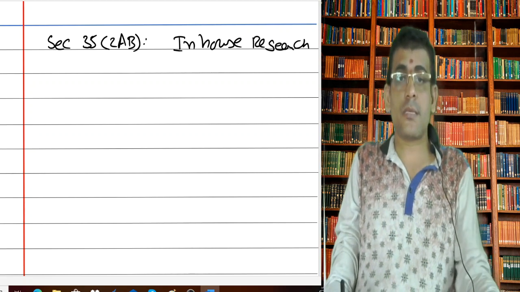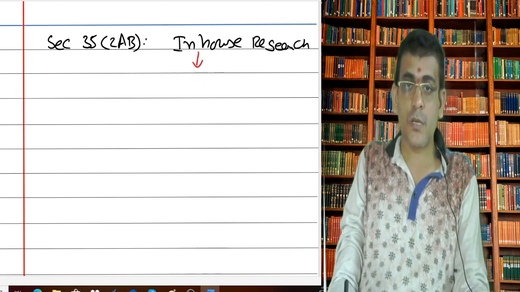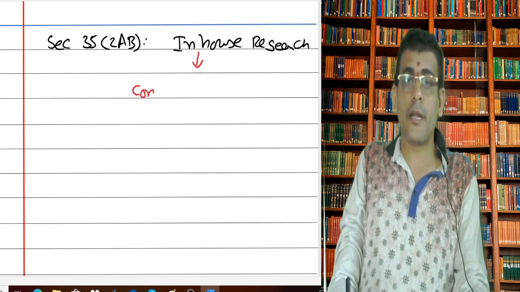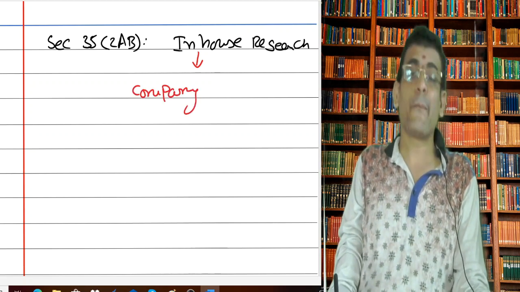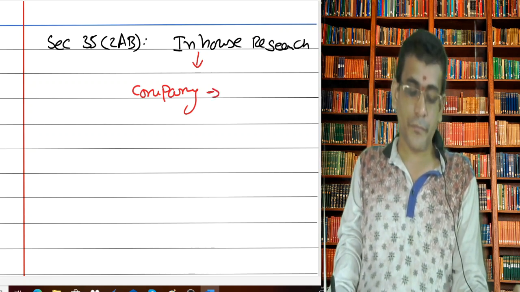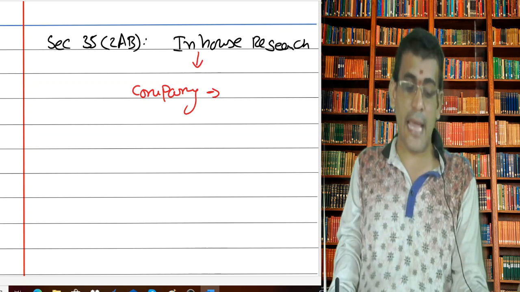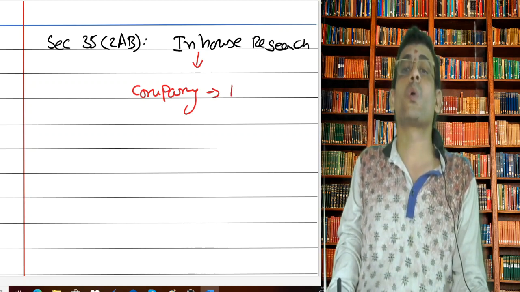Now, this in-house research is eligible only to an assessee who is a company. Only a company can take this benefit. And what should the company be doing? The company is engaged in what? In business of biotechnology.